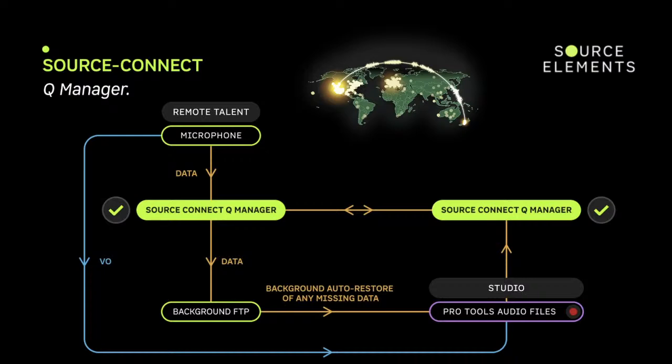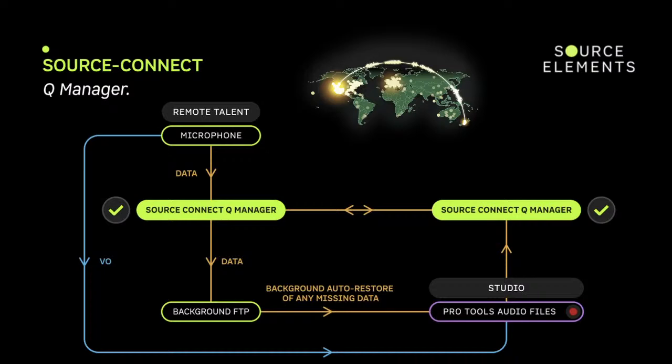So this diagram shows the flow of data and audio. The blue line here shows the real-time connection through Source Connect. It's coming from the talent side of the connection and being recorded directly into the audio files folder of the Pro Tools session on the record side in the lower right side of the screen there.